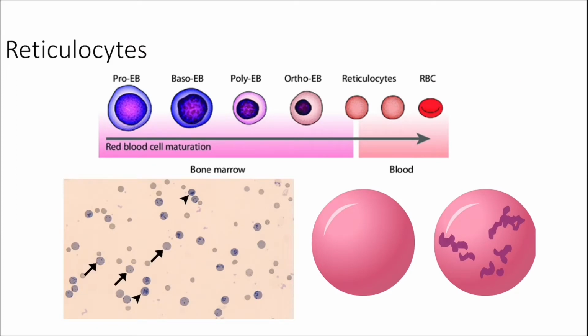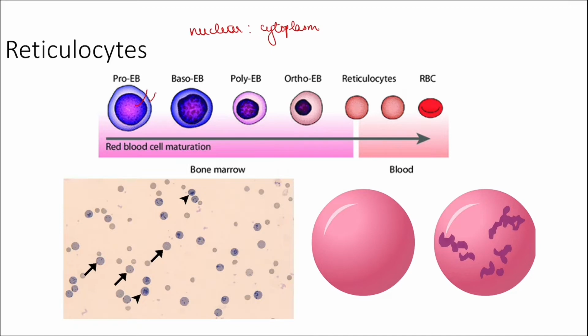So this is how the production of a red blood cell looks. Initially you have large proerythroblasts, and these have a large nuclear to cytoplasmic ratio, which is to say that the nucleus is pretty massive, so the ratio starts off pretty high.